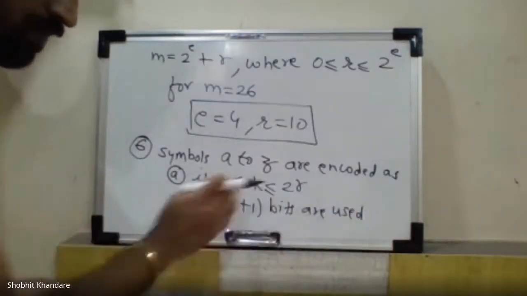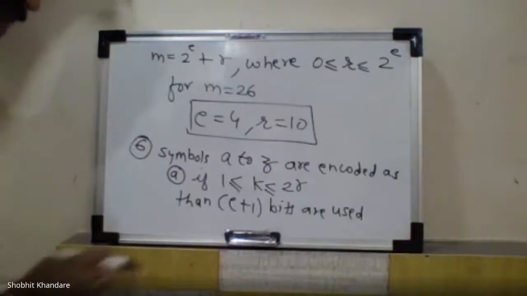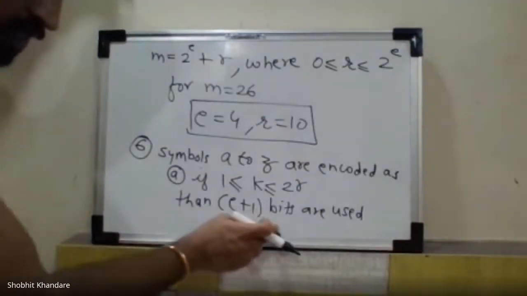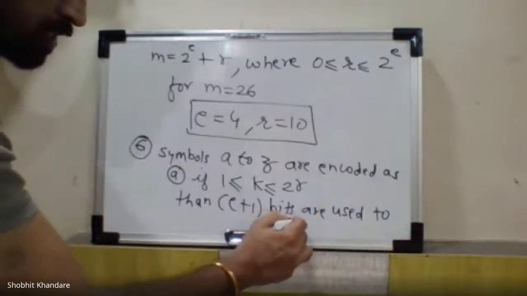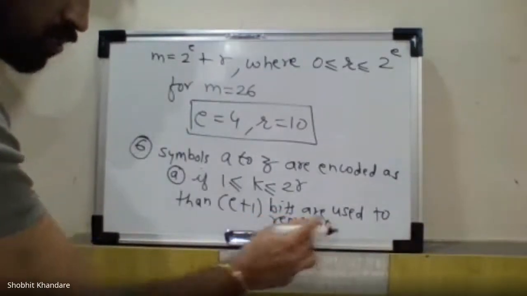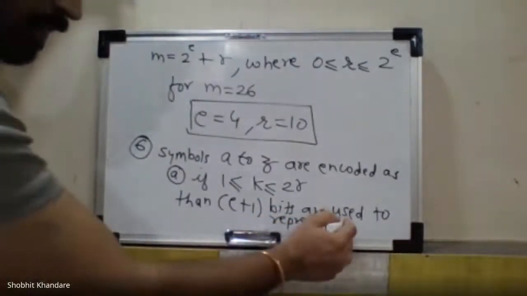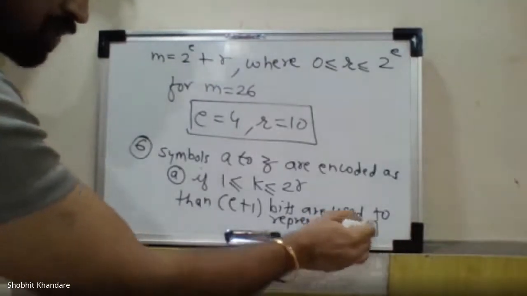You will understand everything. You please write it down. Then e plus 1 bits are used to represent k minus 1.